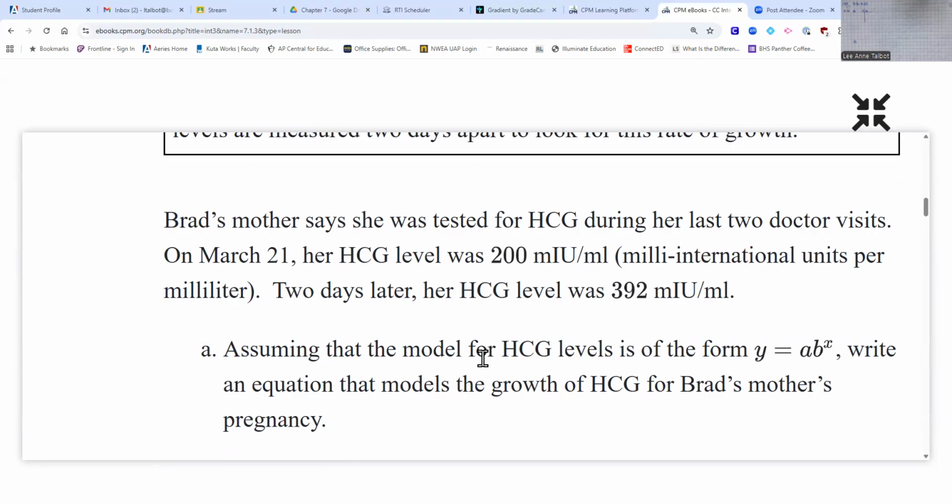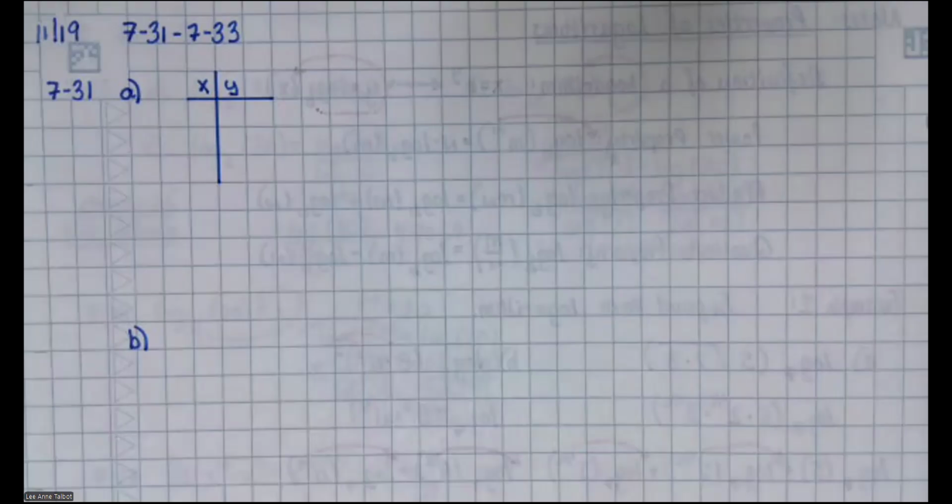Assuming that the model for HCG levels is in the form y = ab^x, write an equation that models the growth of HCG for Brad's mother's pregnancy. Oh, that's why that was in the homework. Okay. So what I want you guys to do is take your table and we're going to mark it up.